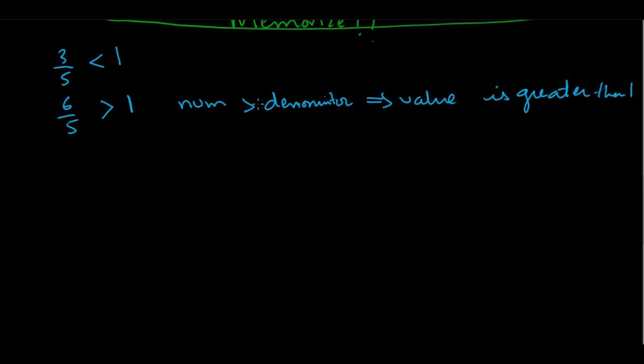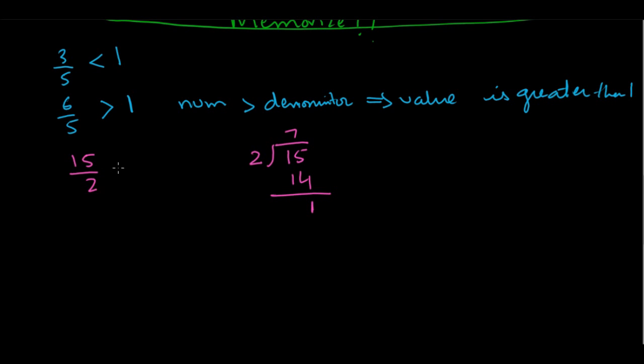Also, when the numerator is greater than the denominator, you can rearrange the fraction in an interesting way. Let's look at an example. Let's say we have 15/2. Now if I do the actual division, I'm dividing 15 by 2. 2 times 7 is 14, right? That will give me a remainder of 1.